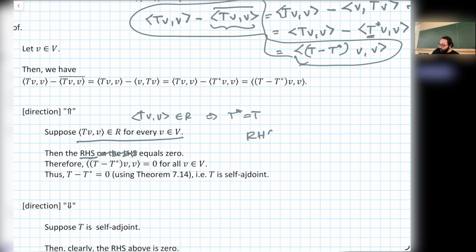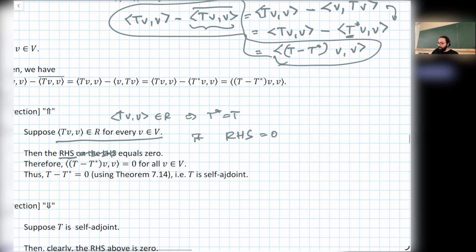We want to conclude... if the right-hand side was equal to 0, then we were very close to proving what we wanted, because with some operator, v and v on both sides disappearing, we would probably be able to argue that T minus T star is 0. Something along these lines. We still have to think about it.